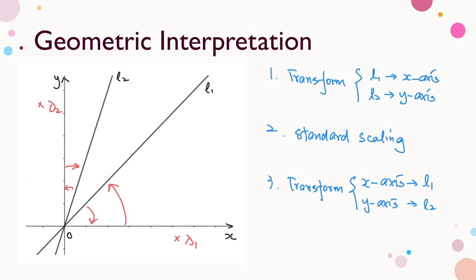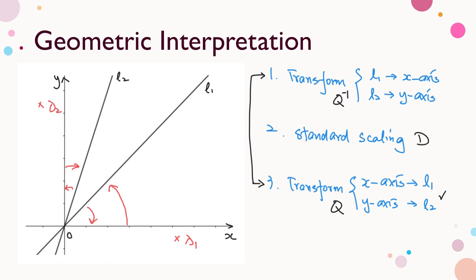The standard scaling in step 2 is represented by a diagonal matrix, say D. For step 1 and 3, they are inverse of each other. It is easier to find a matrix transforming the axis to the lines than the reverse direction. So if the transformation in step 3 is denoted by Q, then the transformation in step 1 is Q inverse.